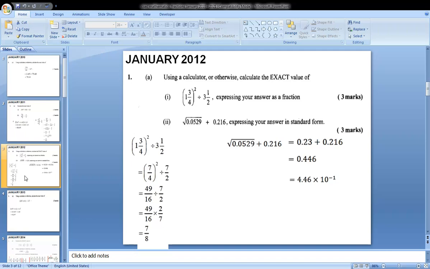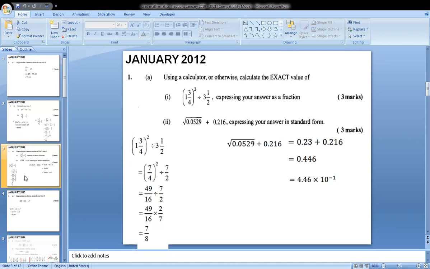We multiply our denominator with our whole number and then add our numerator. So 4 times 1 is 4, and add 3 to that, that's 7 over 4.